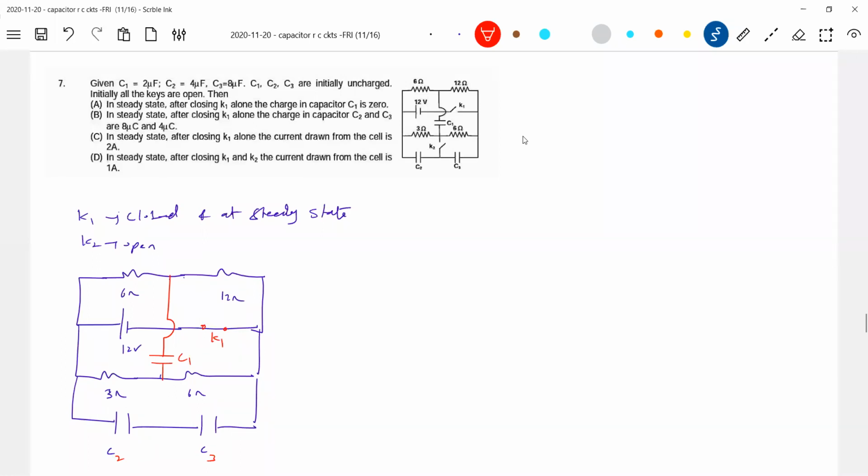Even in steady state, what should be the current, where the current will flow? All capacitors are open circuit, naturally. So again, the same circuit will appear. Then, it's an open circuit.